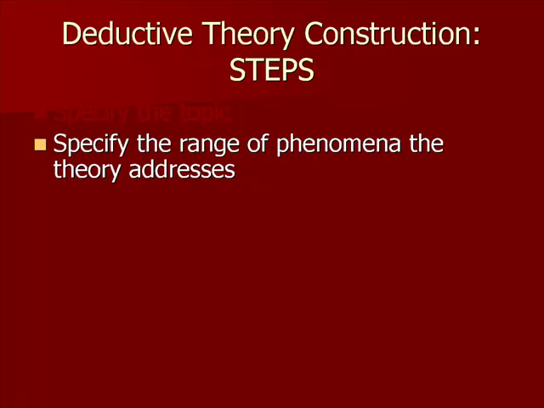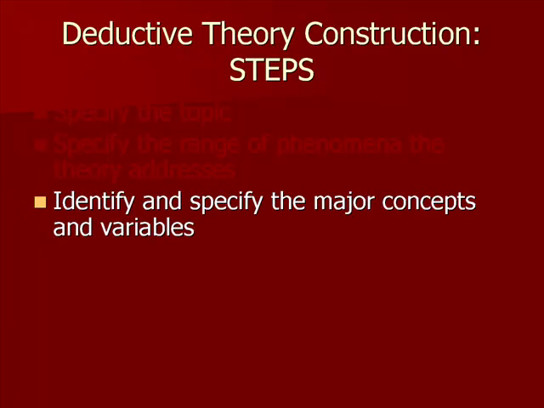The next step in this process is to identify and specify the major concepts and variables. A concept is more vague than a variable. So you can have a concept like hate or love as a major concept. And then how do you reduce that into a variable?